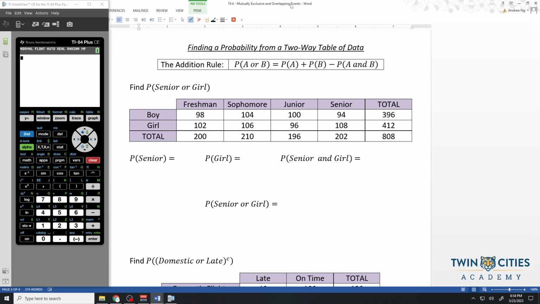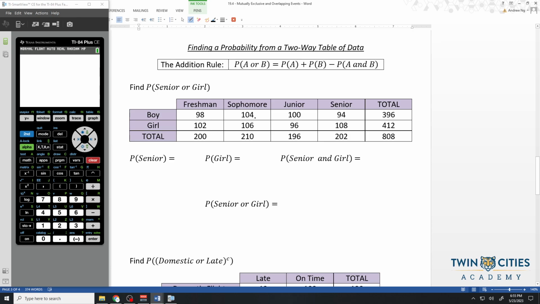Let's say that I've got a school, a high school, with 9 through 12. So I've got freshmen, sophomores, juniors, and seniors. And within this school, there are 808 students in total. So how I read this table is for freshmen, I've got 98 boys that are freshmen, 102 girls that are freshmen. There are 200 ninth graders in total.